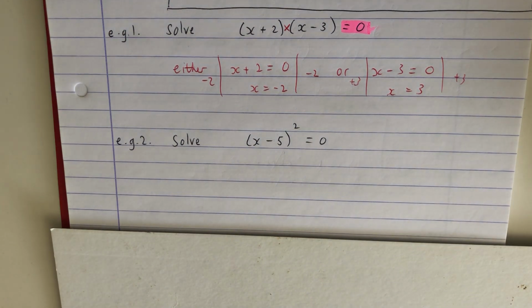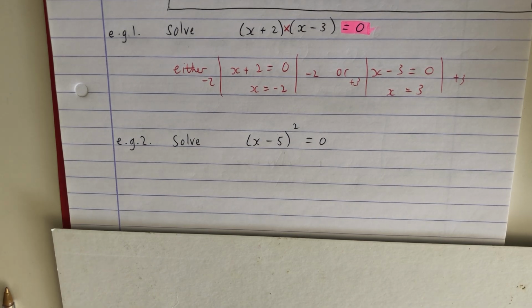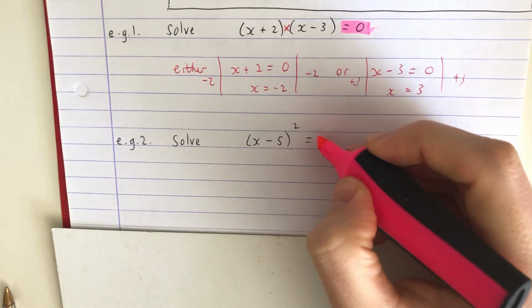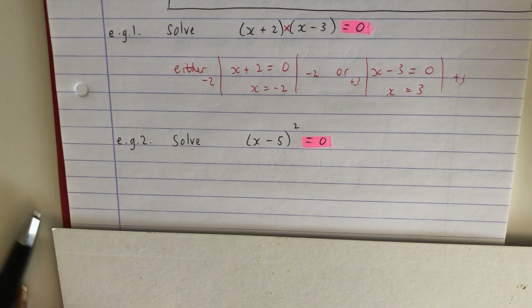x minus 5 squared is equal to 0. How can I make this one look similar to the other ones? Well, firstly, it's equal to 0, which is good news. If it was equal to anything else, it wouldn't make sense to do this. There's a trick to this.